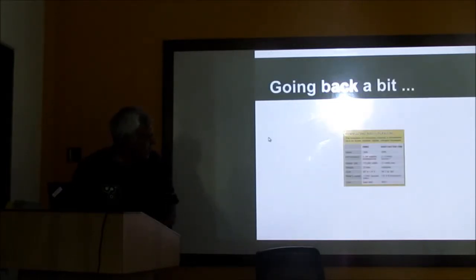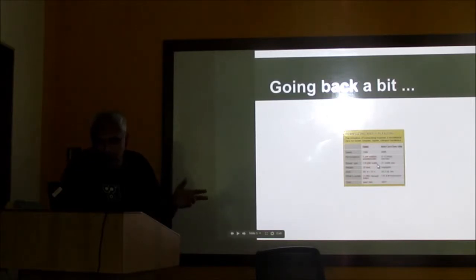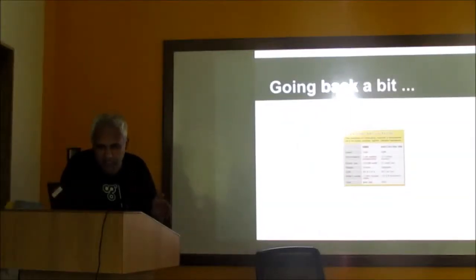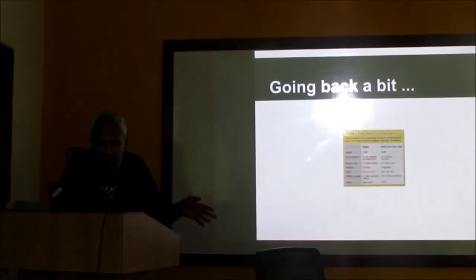This compares the ENIAC with the Intel Core Duo chip, from 1948 and 2008. The ENIAC could do 5,000 additions per second, and the Intel will do 21 billion per second, and so forth. And of course, the ENIAC weighed 28 tons, and the Intel chip doesn't weigh very much.